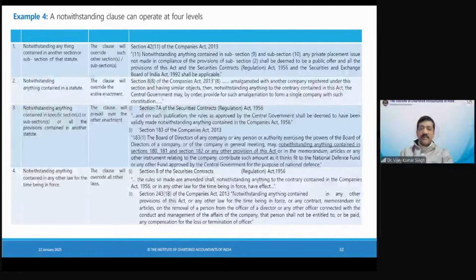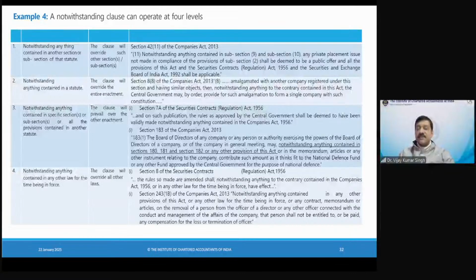Say, for example, your first example says section 42(11) of the Companies Act: notwithstanding anything contained in subsection 9 and subsection 10, any private placement issue not made in compliance with the provisions of subsection 2 shall be deemed to be a public offer, and all the provisions of this Act and the Securities Contract Regulation Act, the Securities Exchange Board of India apply.